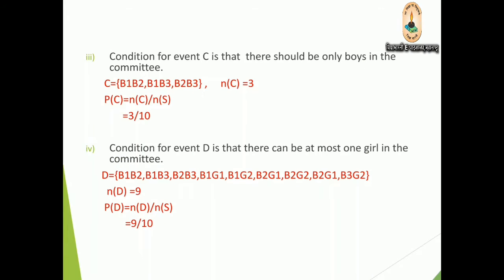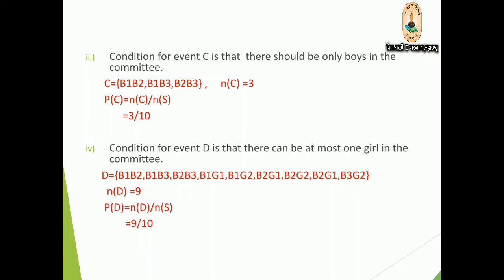Then the event C is there should be only boys in the committee. Then from the sample space, we write only boys should be in the committee. Therefore C equals to curly bracket B1 B2, B1 B3, B2 B3.